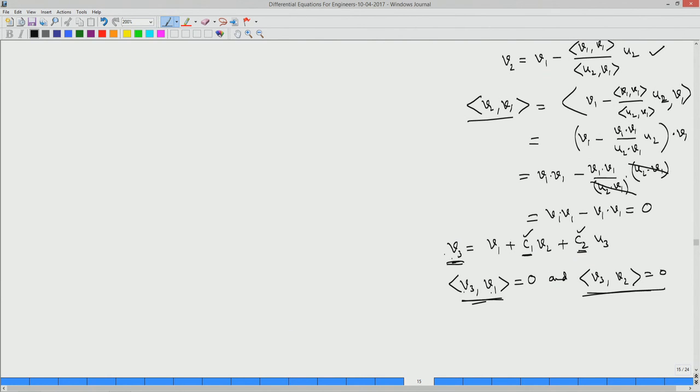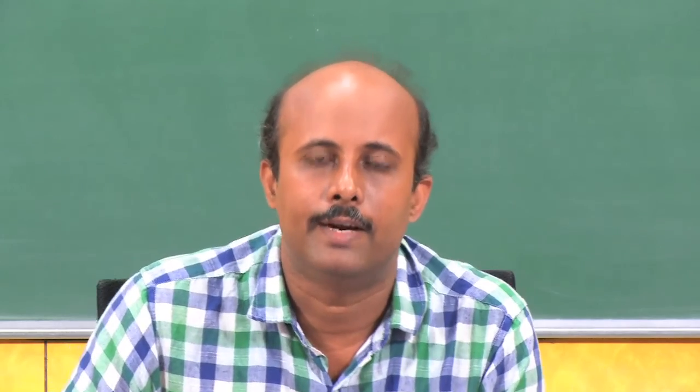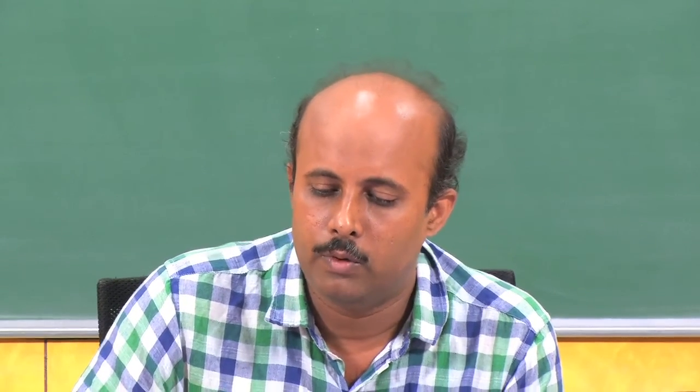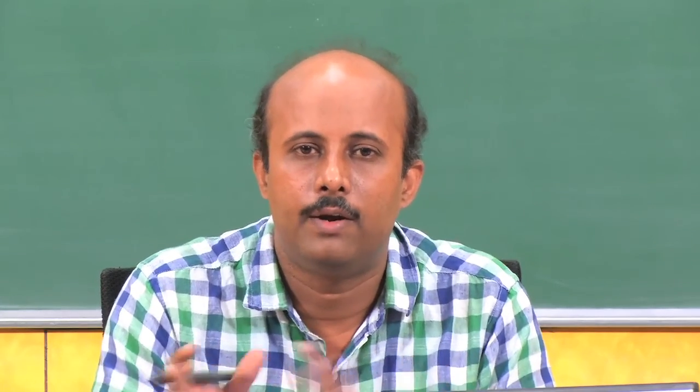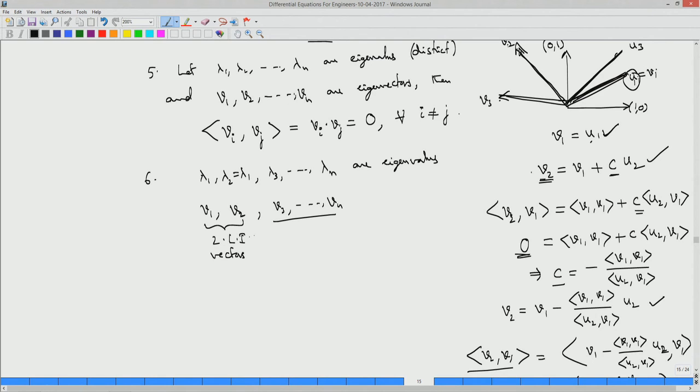If you have n linearly independent vectors, you can do this process and make them orthogonal. That means they are perpendicular to each other. By the above explained process, this is called the Gram-Schmidt process.